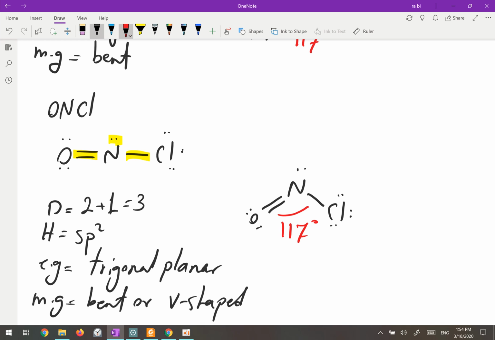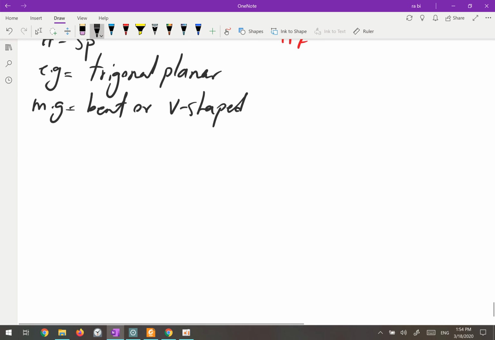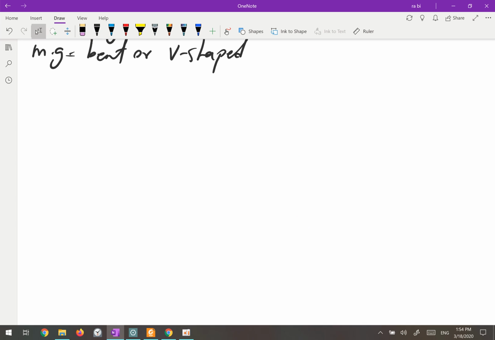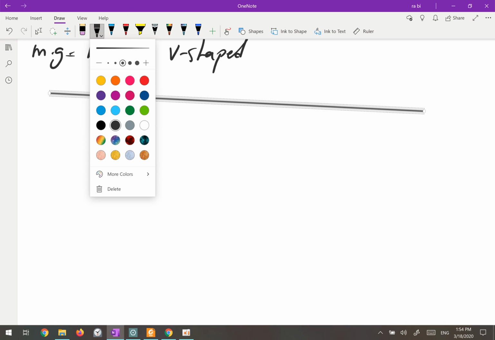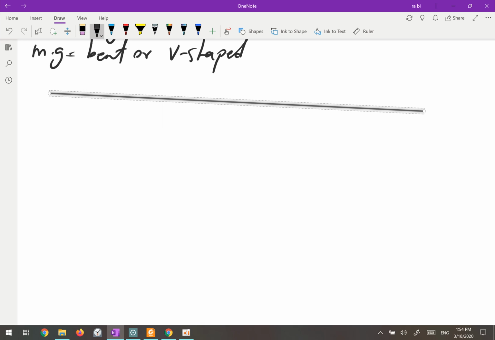Okay, we had more molecules that we have drawn the Lewis structure for as a homework.